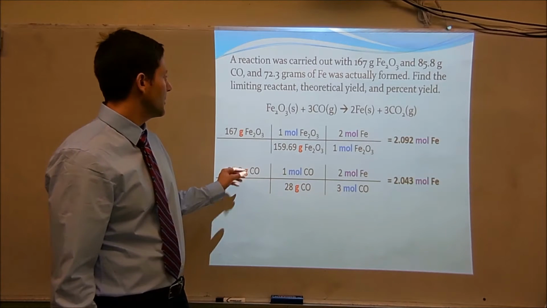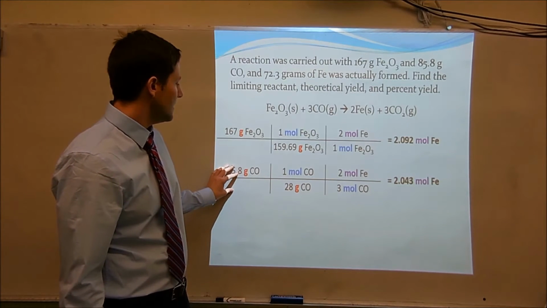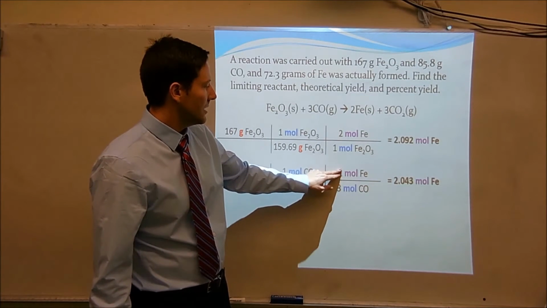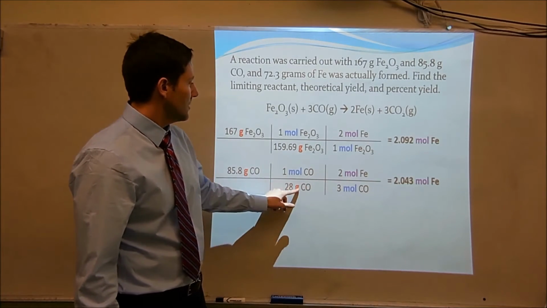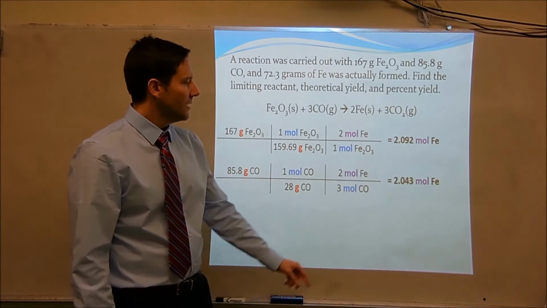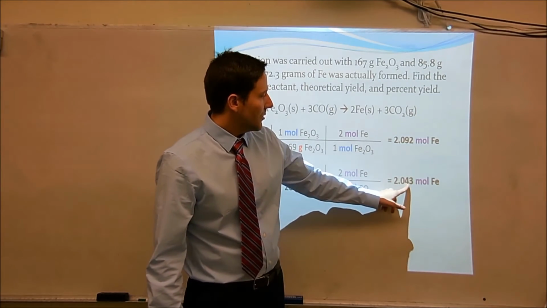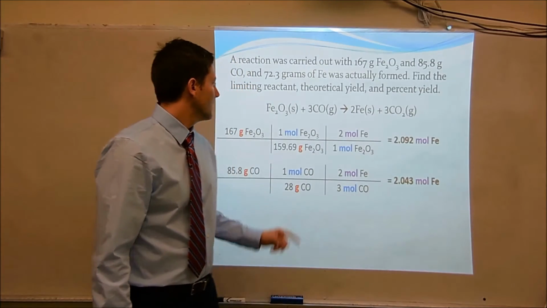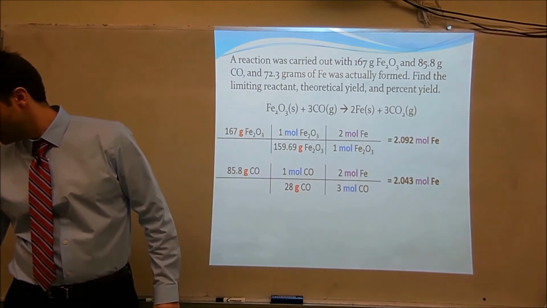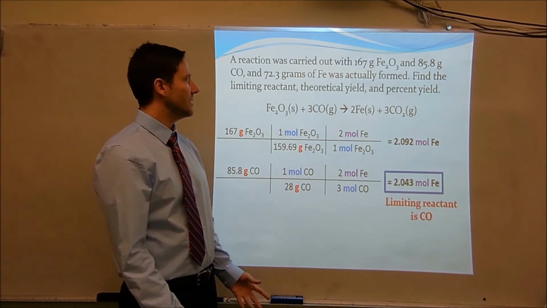You're given 85.8 grams of carbon monoxide, 28 grams per mole. This is from the balanced chemical equation. Set it up so that the units cancel, and you're left with moles of iron. This number, 2.043, is less than what you got for iron(III) oxide. That means that the carbon monoxide is your limiting reactant.